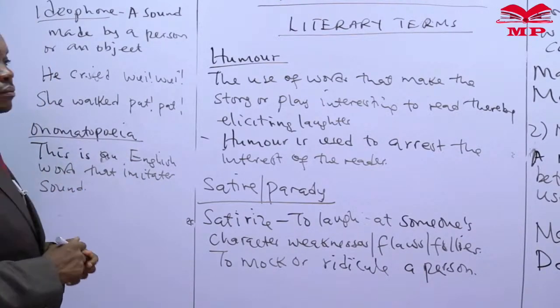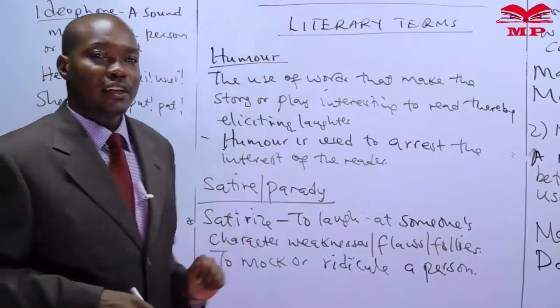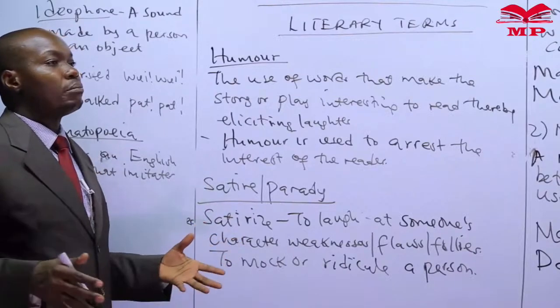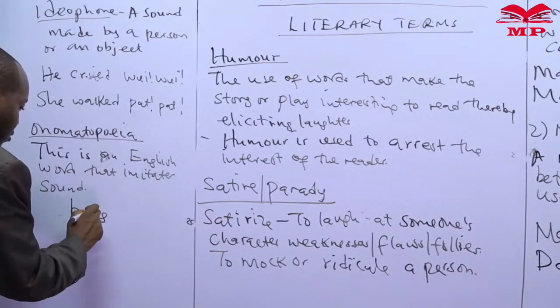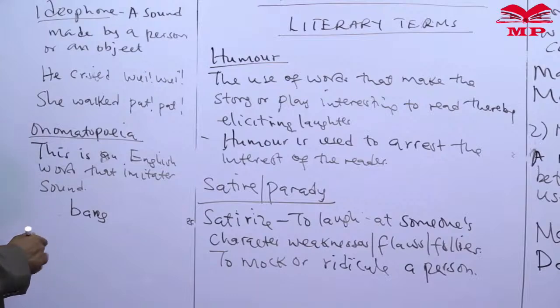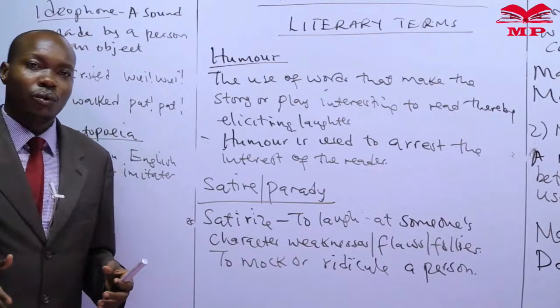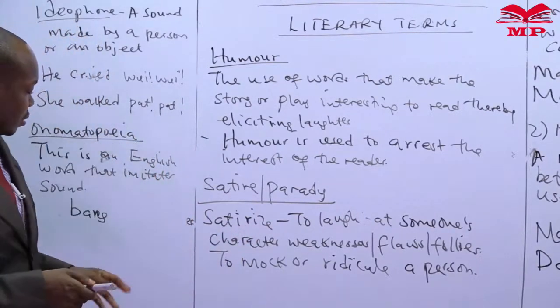By this I mean the sound made by an object and a word in English are almost the same. For example, the word bang. When you close the door very fast, we say we are banging the door, okay?